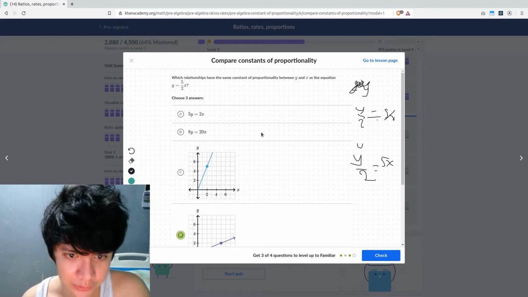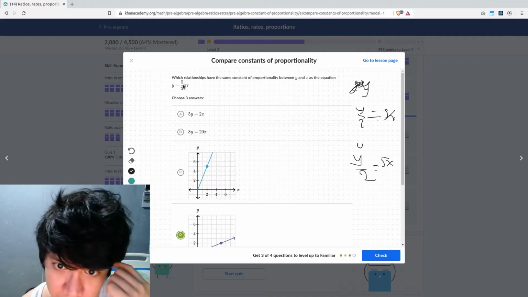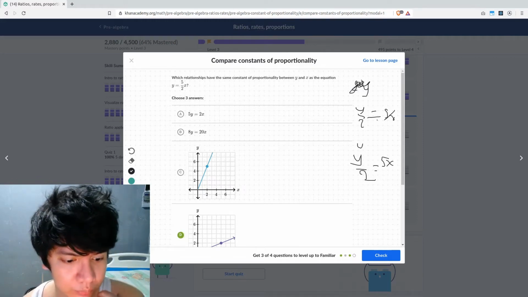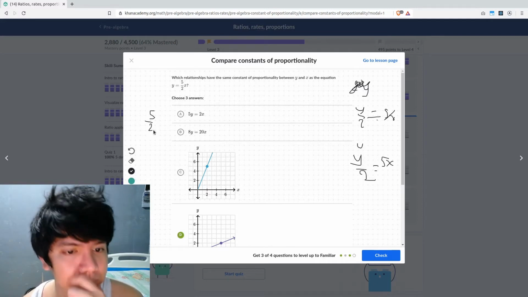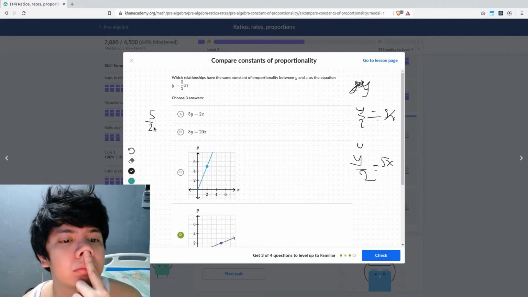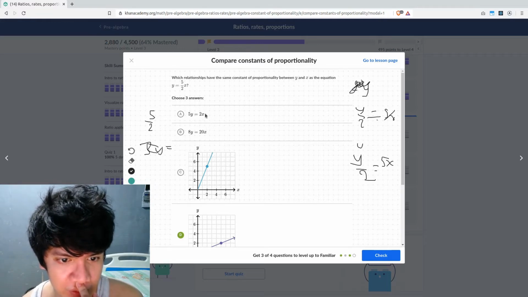Choose 3 answers. How can I rethink this in another way? Let's say 5x. No, actually, why did I divide this? We're supposed to multiply this. We have 2y equals 5x.